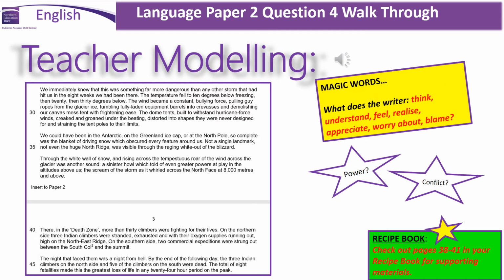So just to quickly go through what I would have picked out is the first line of this. We immediately knew that this was something far more dangerous than any other storm. He is really worried at this moment, and he's actually worried for the first time about survival. The previous section of the extract referred to the tents being destroyed, but now he's referring to the temperature falling below freezing.